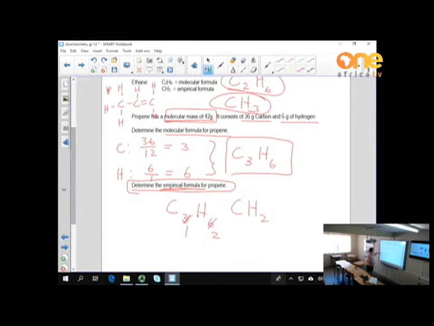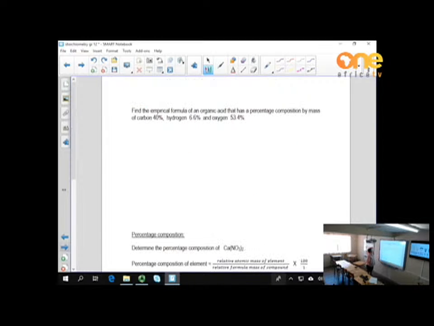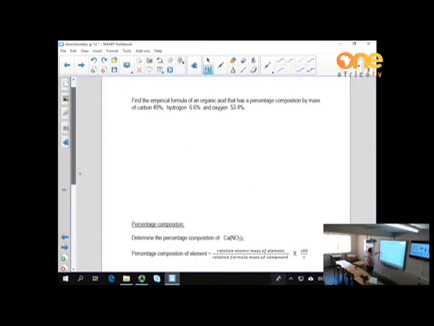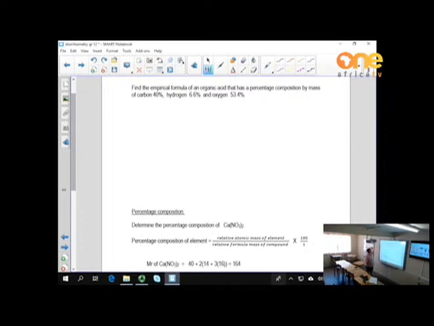Now, they give us not masses, but a percentage. But remember, percentage means it is a part out of 100. So it's as if they gave us 100 grams and the percentage is the mass out of the 100 grams.